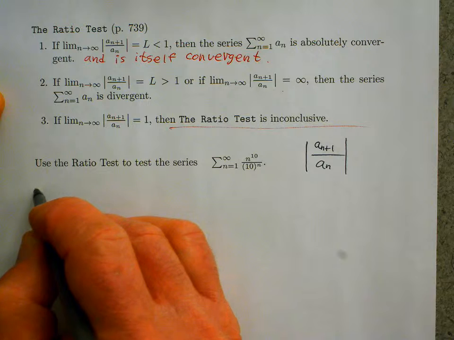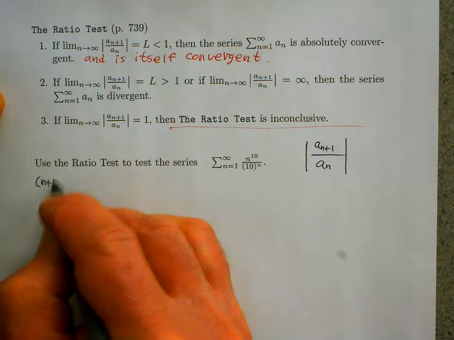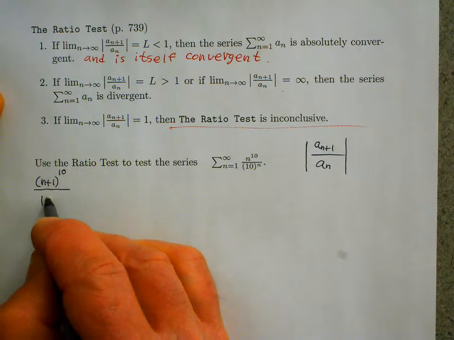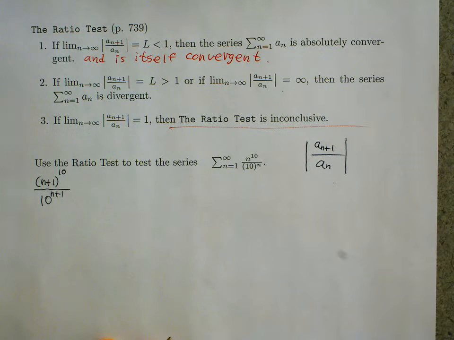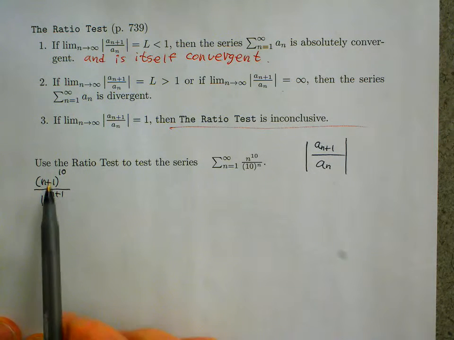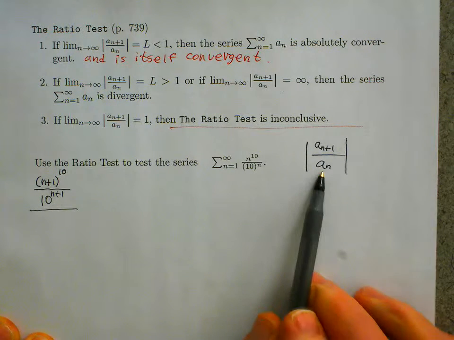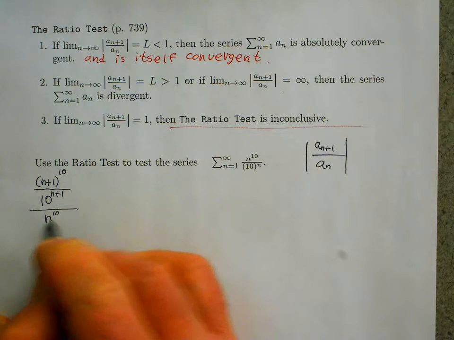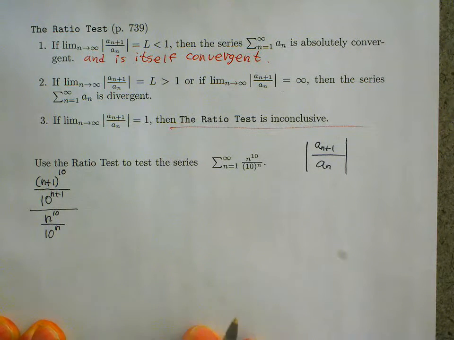So a sub n plus 1 is going to be n plus 1 to the 10th divided by 10 to the n plus 1. This is the a sub n plus first term. And we divide it by the nth term, which is n to the 10th over 10 to the nth.